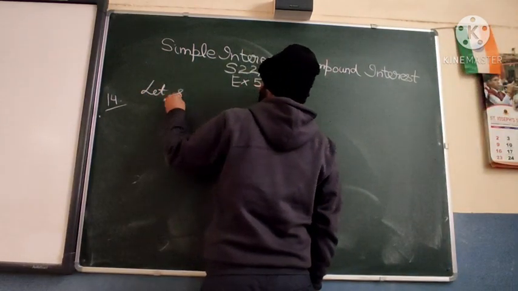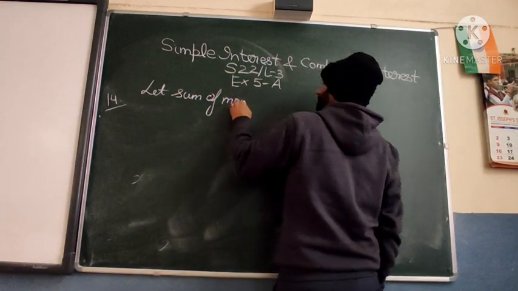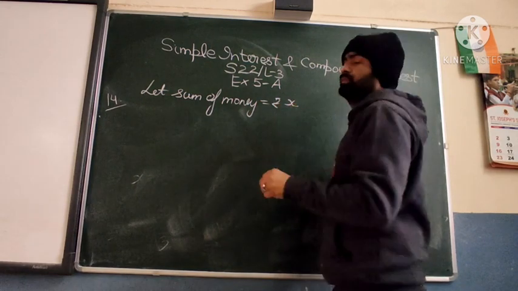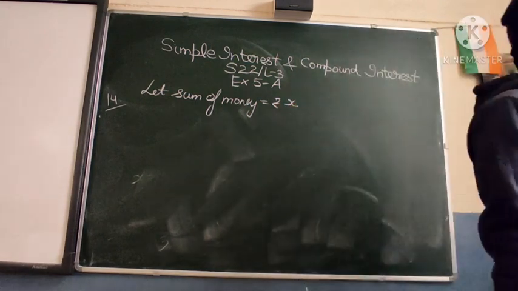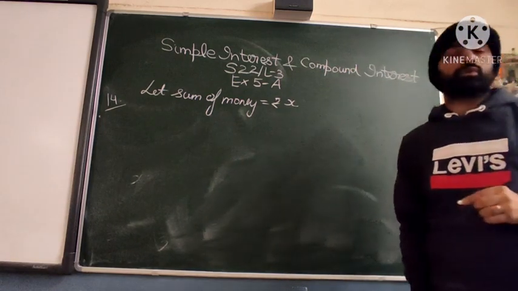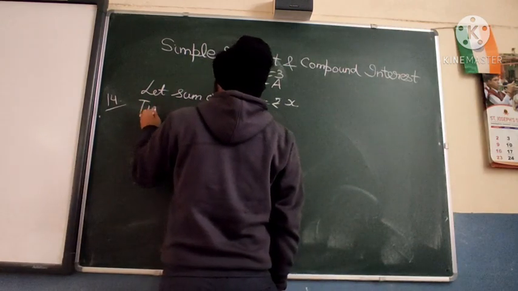Let the sum of money be rupees x. Then what they are saying is it is invested for 3 years, so time is 3 years.